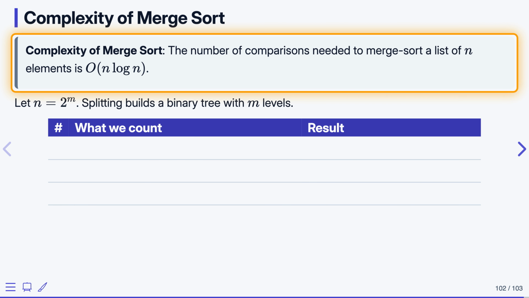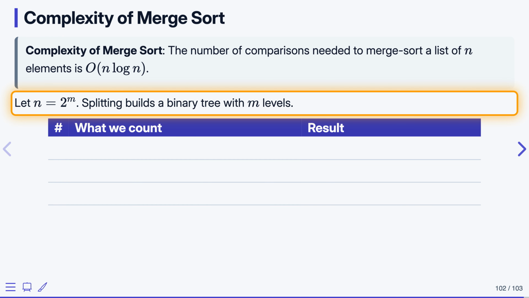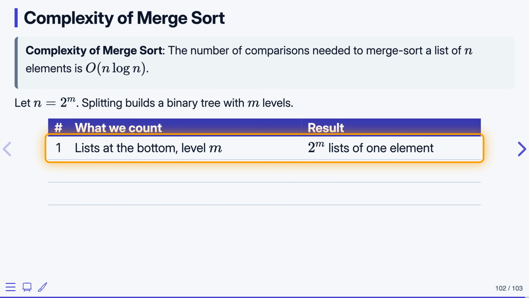The number of comparisons needed to merge sort a list of n elements is big O of n log n, and let's count them. To keep it simple, assume n is a power of 2. So n equals 2 to the m, and the splitting builds a binary tree with m levels. Step 1.